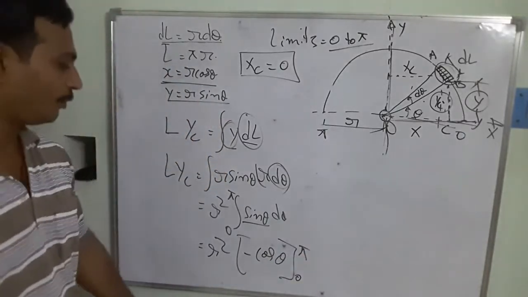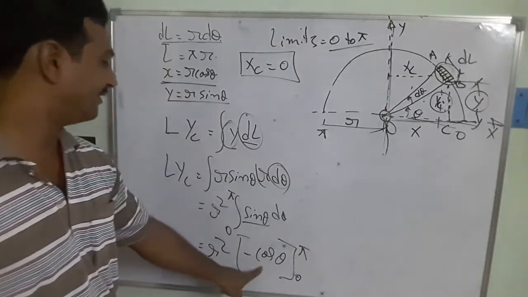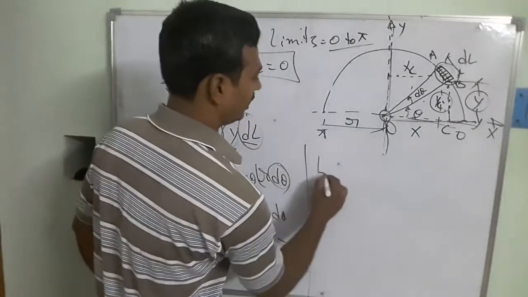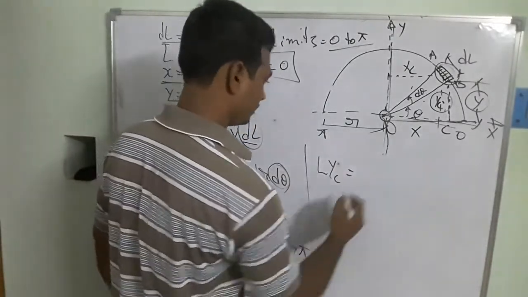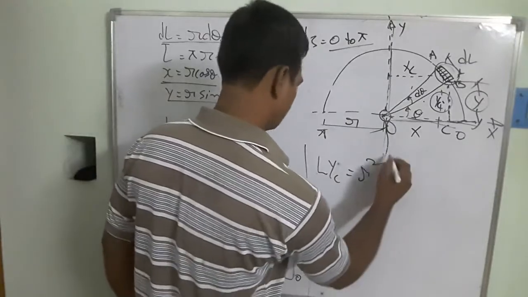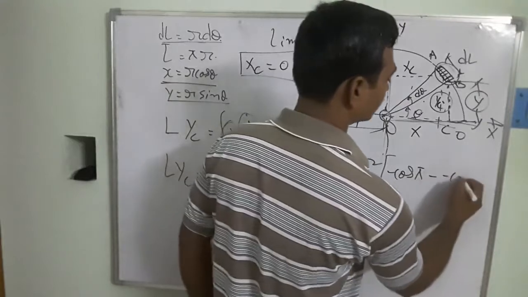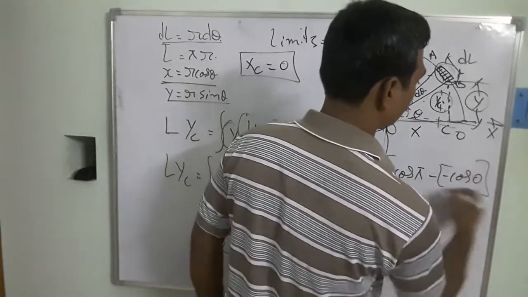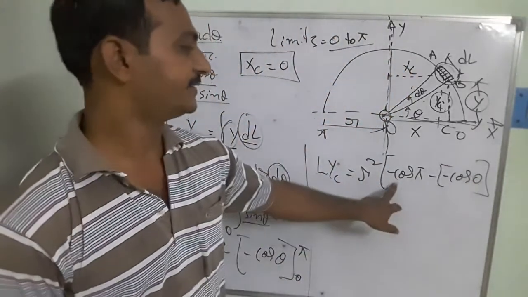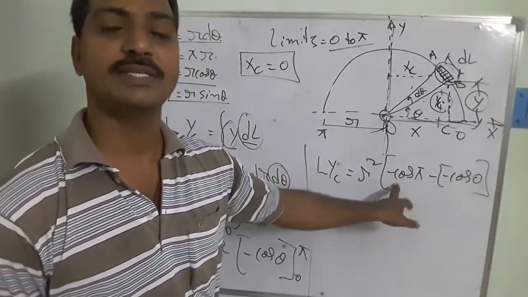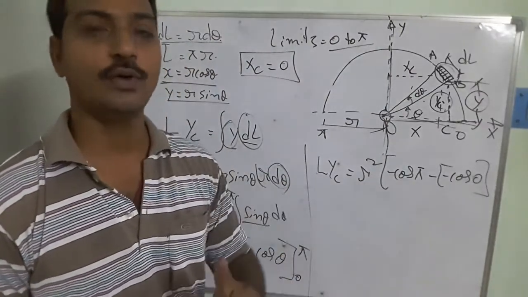So once I substitute 0 and pi in this equation, L yc is equal to r square times minus cos pi minus of minus cos 0. So in this case, cos pi is equal to, that's going to be sin 90 degrees. Sin 90 degrees is equal to 1, we will get it.